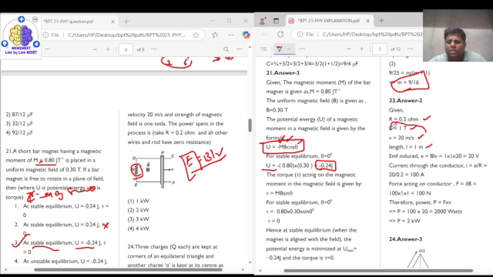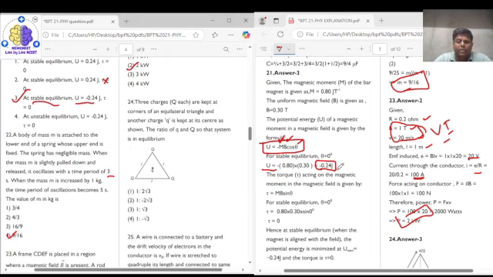Using BLV, the EMF induced comes to 20 volts. Dividing by R gives the current, and V into I gives the power, which comes to 2 kilowatt. So the correct answer for question number 23 is 2 kilowatt, which is option 2.